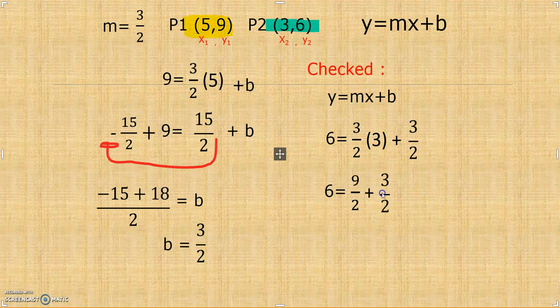Then adding fractions with the same denominator, let's add directly our numerators and copy the common denominator. So we have 6 is equal to 12 over 2, or 6 is equal to 6. So our answer here is correct.